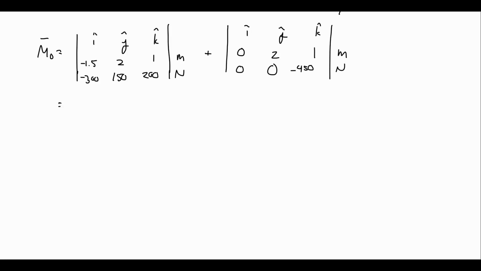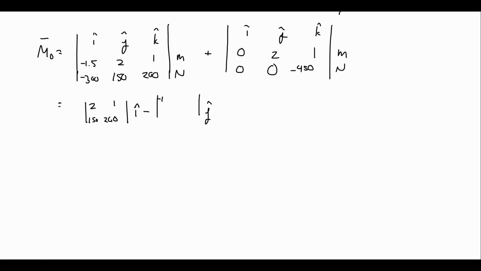I want the cofactor in front of I. So I want everything in this matrix that's not in the same row or column as I. So J and K are eliminated, they're in the same row, the negative 1.5 and negative 300, so I'm left with 2, 1, 150, and 200. Minus, I'm still on this first matrix, so the J cofactor is always subtracted.